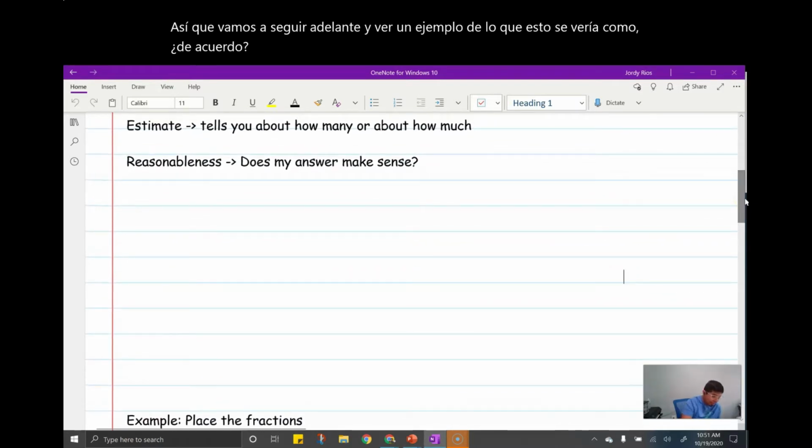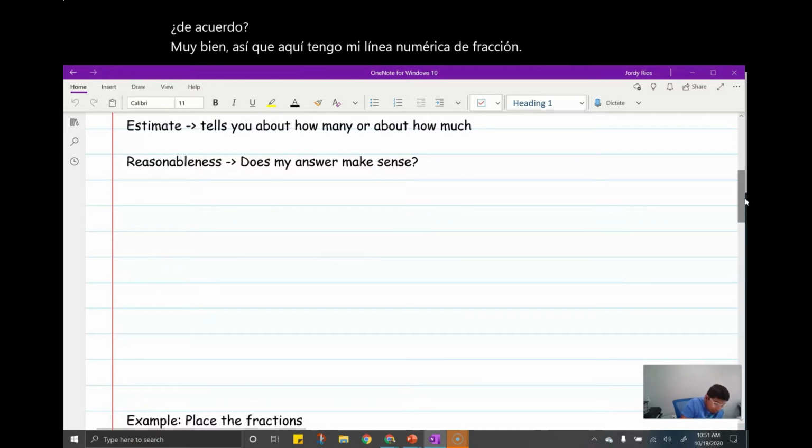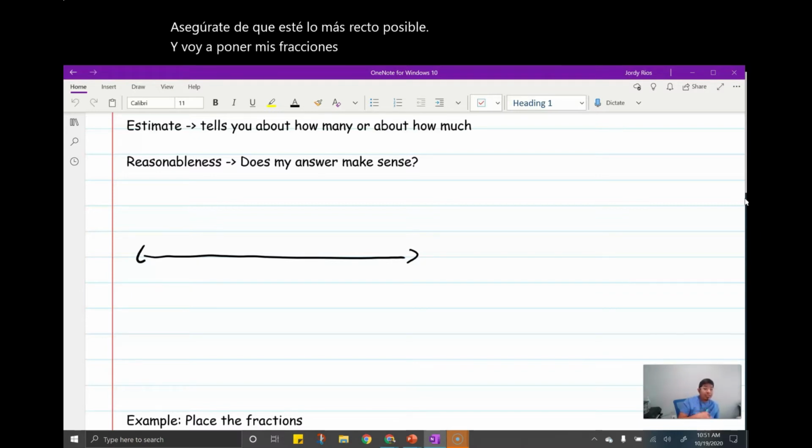Alright, so here I have my fraction number line. Make sure it's as straight as possible. And I'm going to put my benchmark fractions on there so that way you can see what it looks like as a fraction, okay?